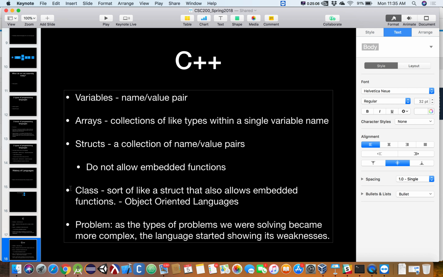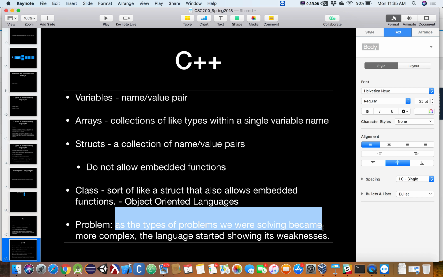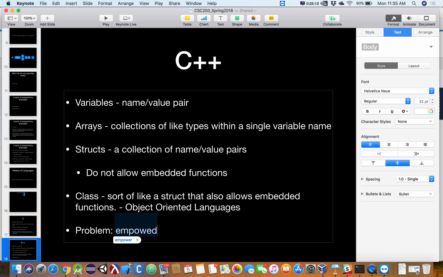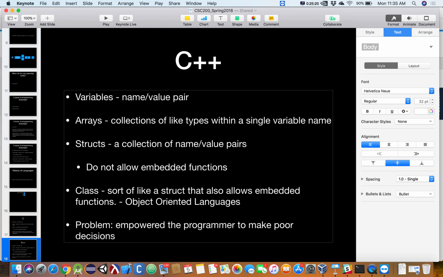All right, so problem with C++. C++ empowered the programmer to make poor decisions. All right, so, we would say C++ is a pretty powerful language. And I'll even give a little highlight here because of direct memory access.